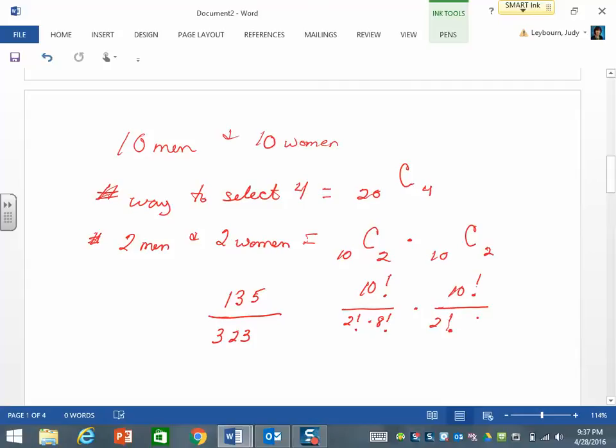Whoops, that doesn't look very good. And again, I apologize for the pen. And then that's going to be divided by 20 choose 4, and we'll take a reciprocal and multiply, so it's going to end up being multiplied by 4 factorial times 16 factorial all over 20 factorial.